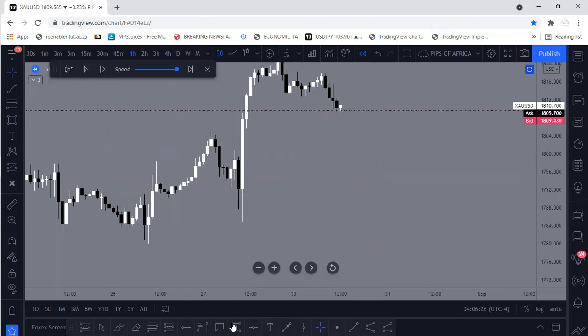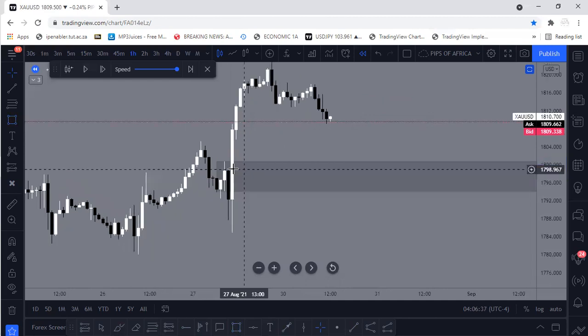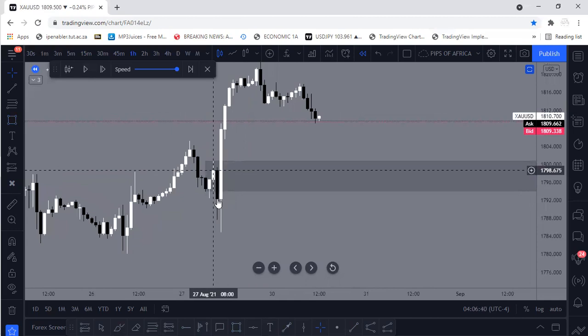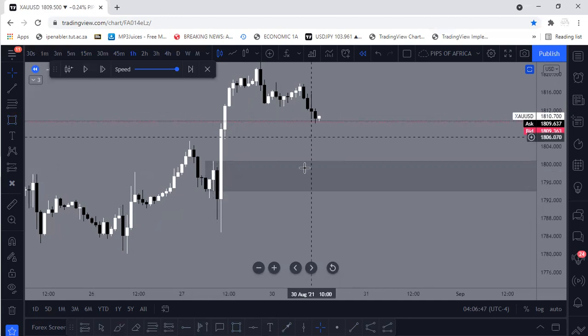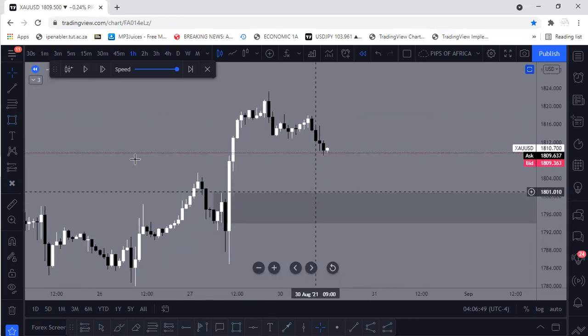So we mark it up from the week to here, right? I'm marking the buy to sell. Can you see? The buy to sell, which was violated. It was not mitigated. So let's see how the price will play out this time.